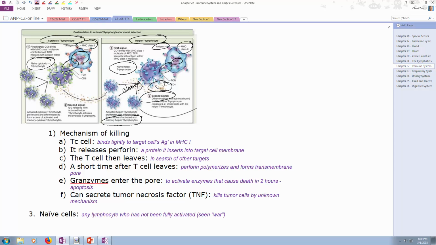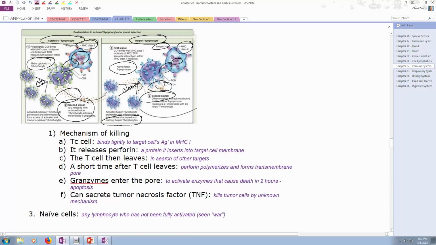But in order for us to go and clone and then go out and kill, we need the second signal, which is the same thing that the T helper cell needed. It needed co-stimulation. That's what those little dots are all about. Co-stimulating enzymes are going to put it into gear, and when we put the naive cell into gear, it will clone.